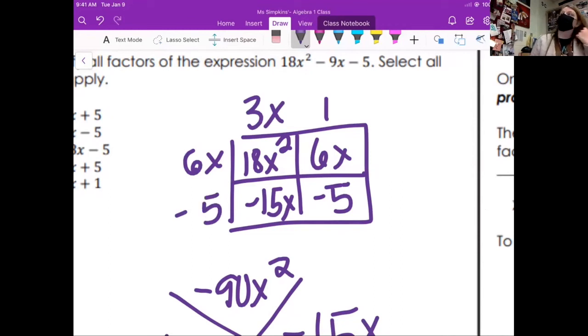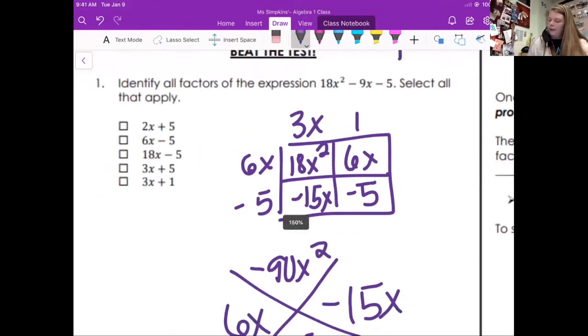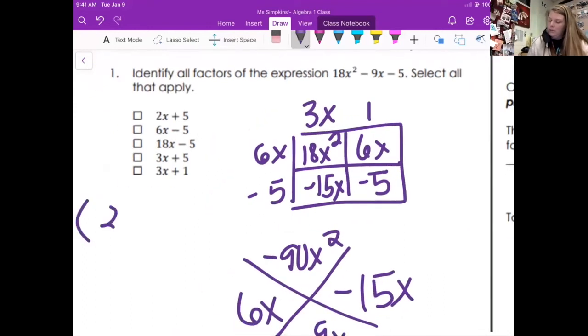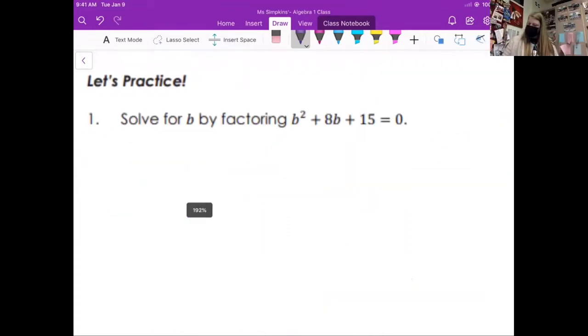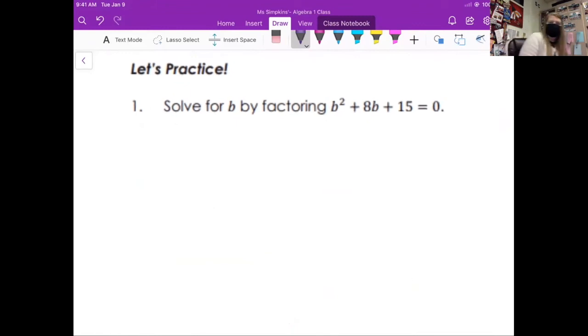And I can check that negative 5 times 1 gives me the bottom right box of negative 5. So my 2 factors are 3x plus 1 and 6x minus 5, which is the second and the last one. Go ahead and find this problem that said under the Let's Practice, please.